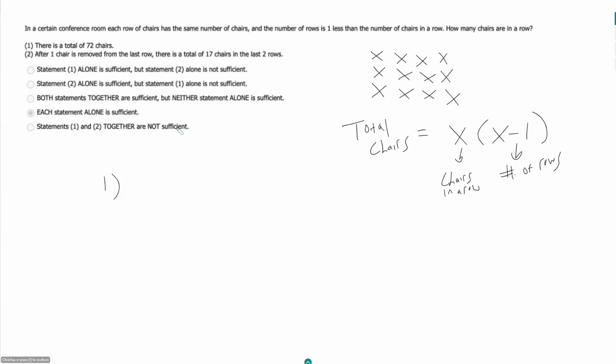So statement 1 says there is a total of 72 chairs. So that means x times x minus 1 is equal to 72. And then we can try multiplying this out. Actually, I think that will work. So we'll get a quadratic.